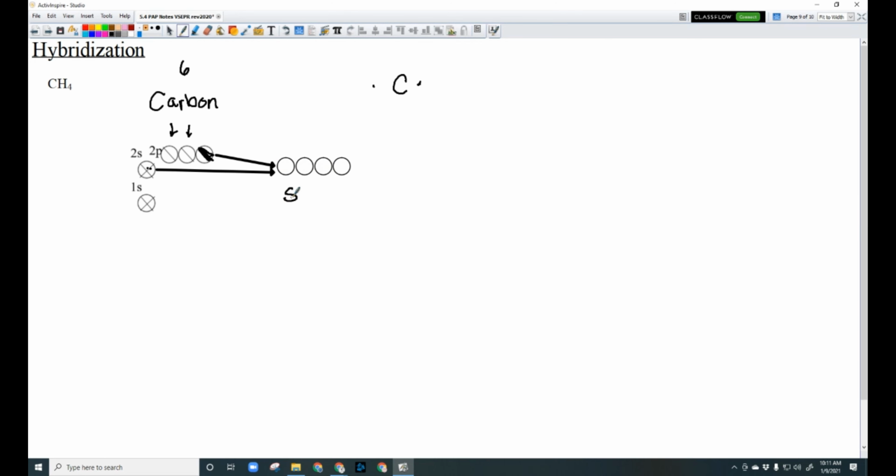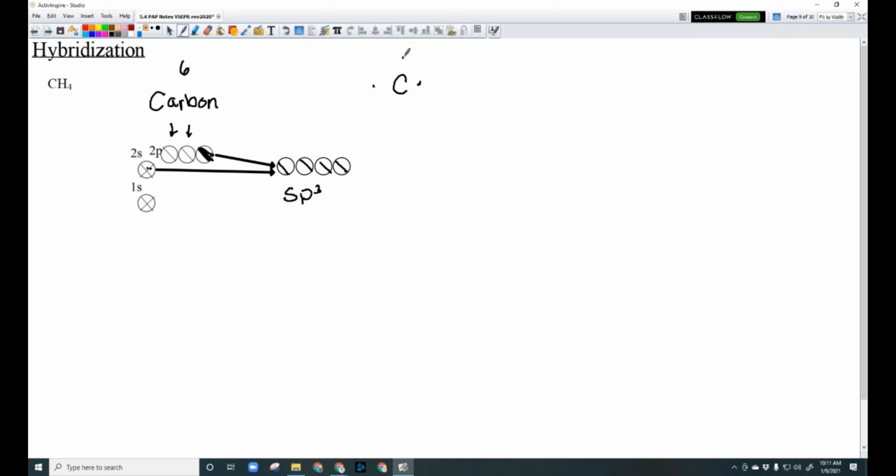And these are called sp3 orbitals. 1 comes from the s being promoted, and 3 of them come from the p being demoted. Now they're all the same energy level. Each one of these contains 1 electron.